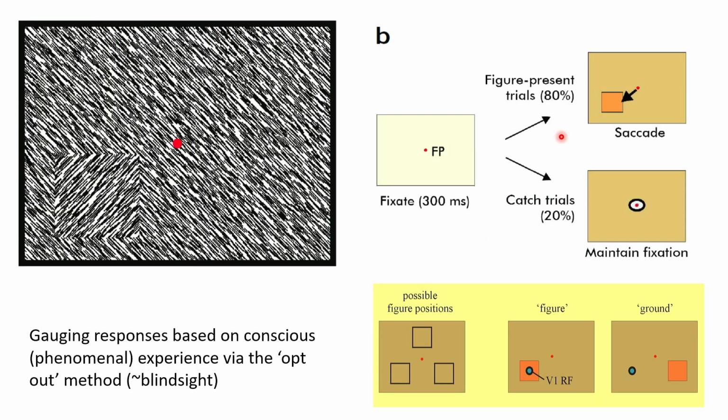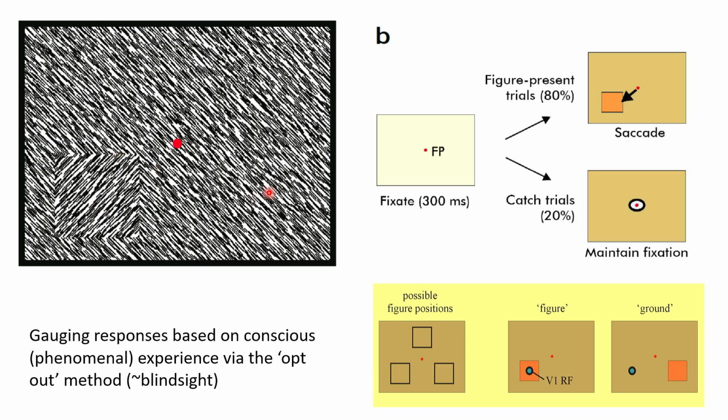We also used paradigms where we really wanted to pit the difference between seeing and just reacting to a particular stimulus. And here we employed that same paradigm that I also told about when I talked about blindsight in the previous talk, where we had monkeys making saccadic eye movements to stimuli like these, but also introduced catch trials where there was no stimulus at all.